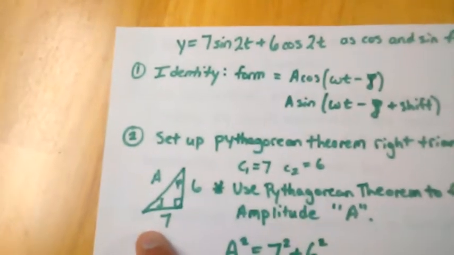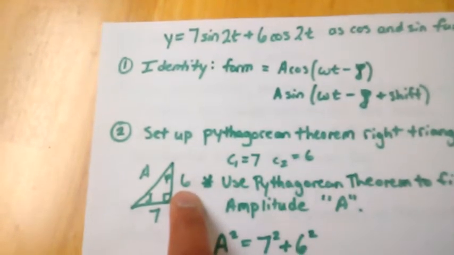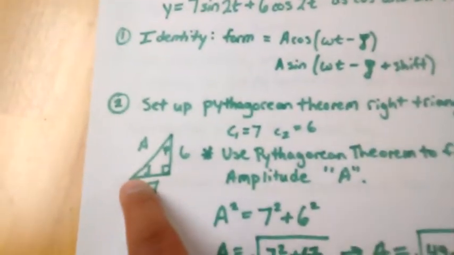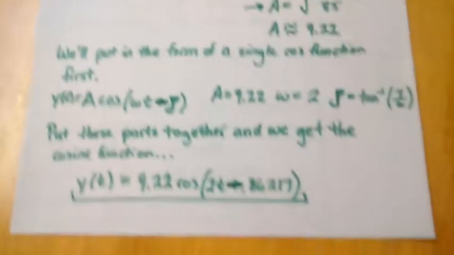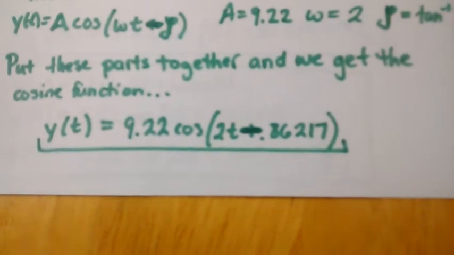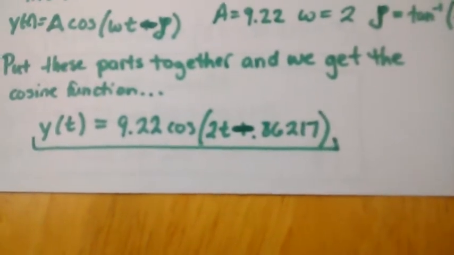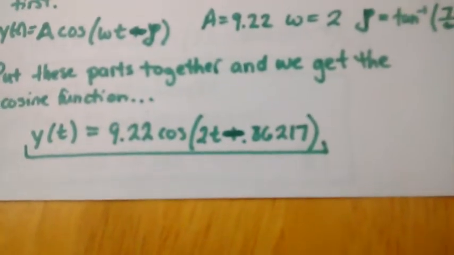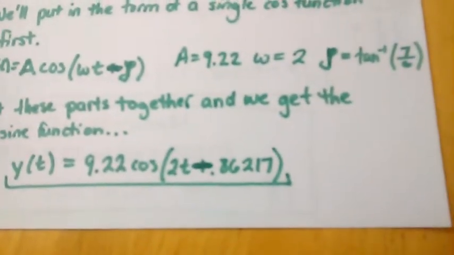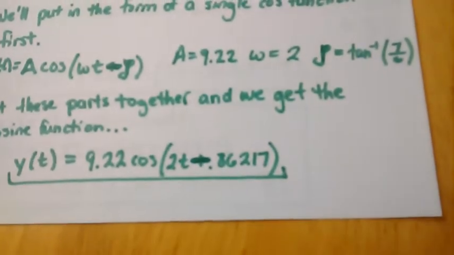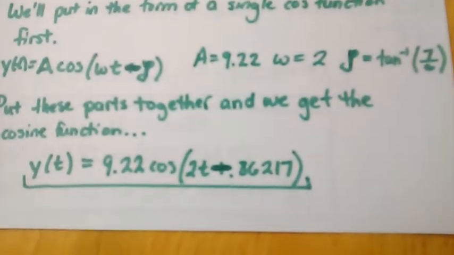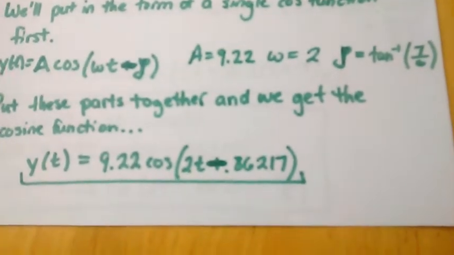We take the adjacent and divide that by the opposite with respect to delta, and that gives us the form y of t equals 9.22 times cosine of 2t minus 0.86217. So we have y of t equals 9.22 cosine of 2t minus 0.86217.